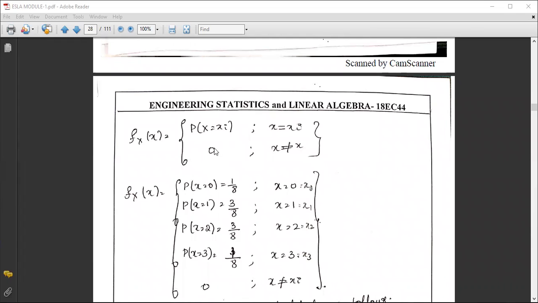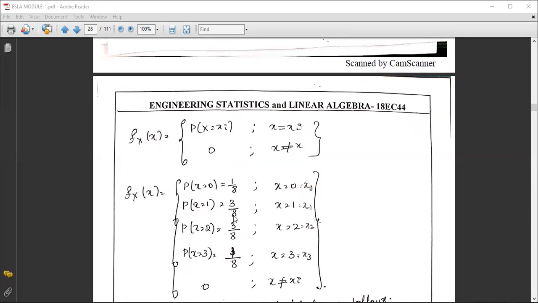Next, the probability mass function, or PMF. The probability of x equal to xi is defined, and it is 0 if x is not equal to xi. If x is equal to 0, the probability is 1 by 8.